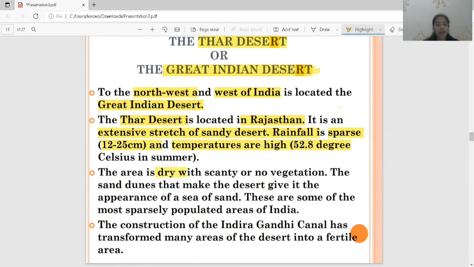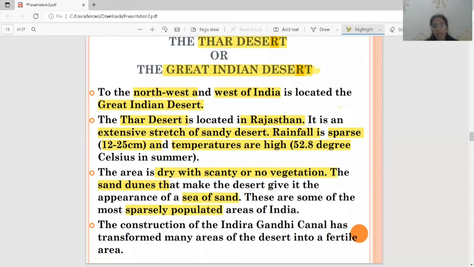This area is very dry. No vegetation, no plants grow here. Sand dunes you can see here give the appearance of a sea of sand. It is sparsely populated, meaning less population lives in the desert region.